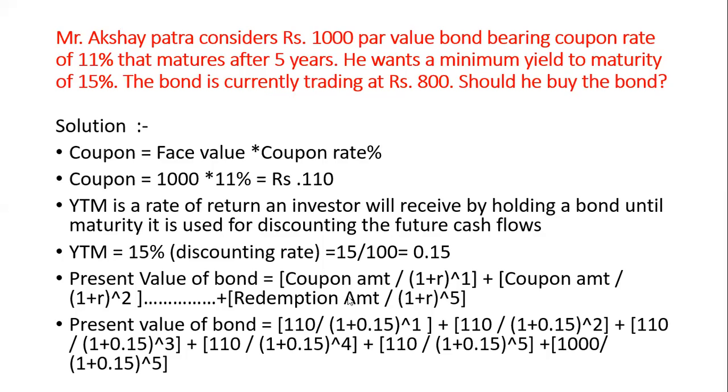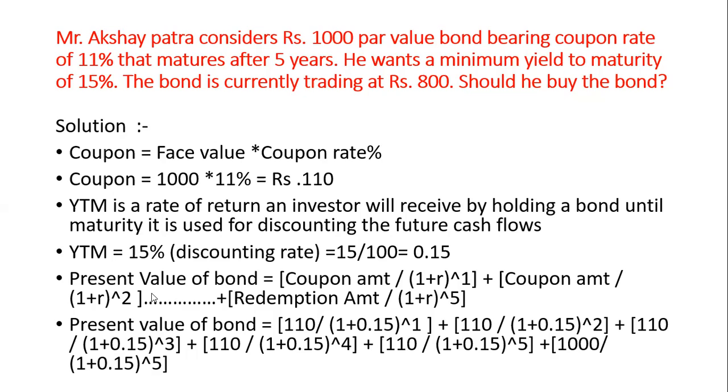Present value of bond: coupon amount is the numerator and the denominator is 1 plus R raised to 1. Second year, again you have the coupon amount as numerator, future value, divided by the discounting factor 1 plus R, that is YTM, squared.